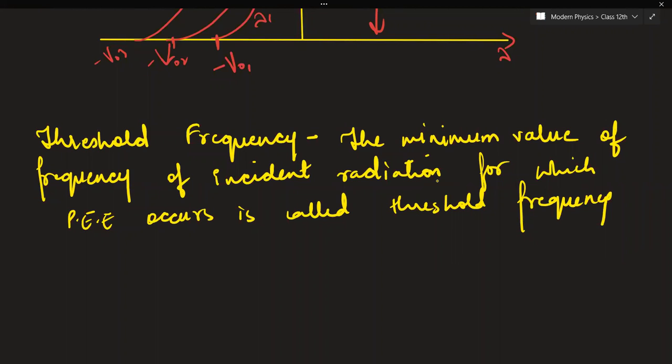See, frequency of the light is denoted by the symbol nu. Usually for the threshold term, we add a not, nu naught, so that this differentiates.